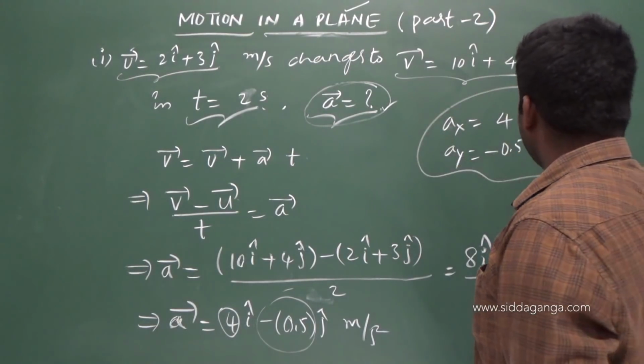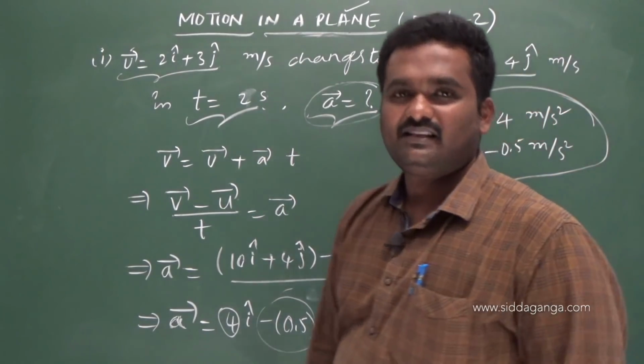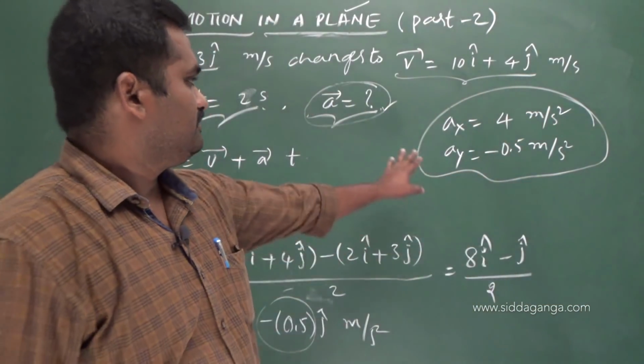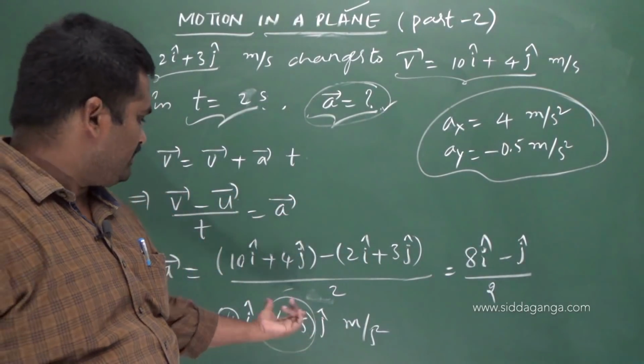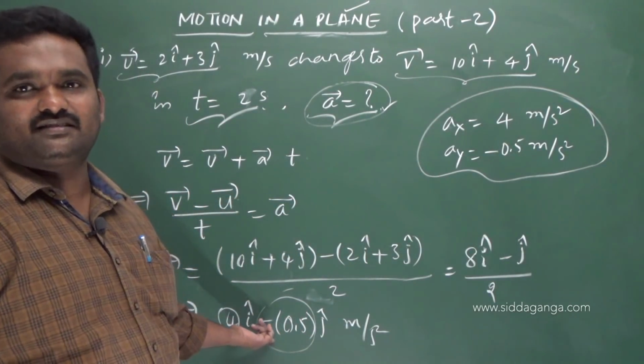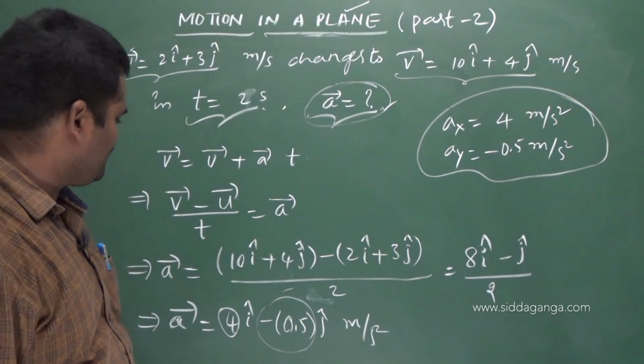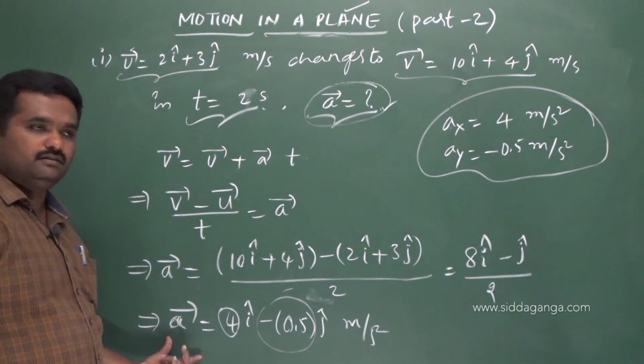Likewise, anything they may ask, you have to find like this. What is the direction of acceleration? They may ask for the magnitude of acceleration. What is the magnitude of acceleration? Mod A you have to find.